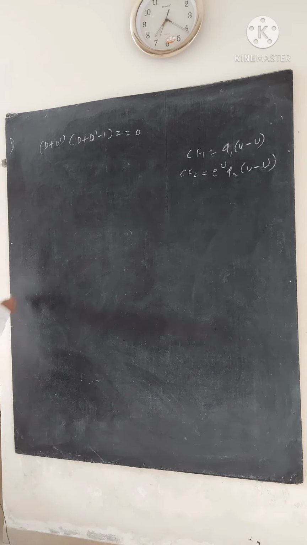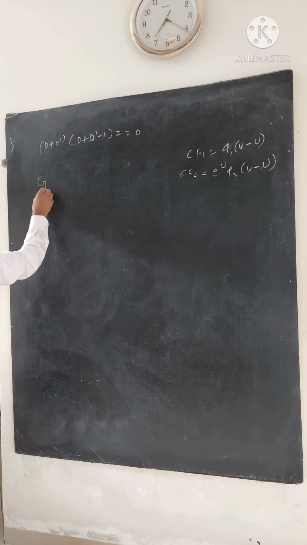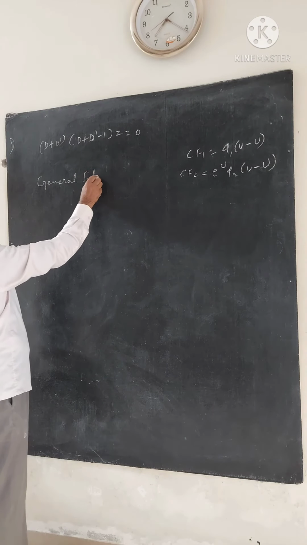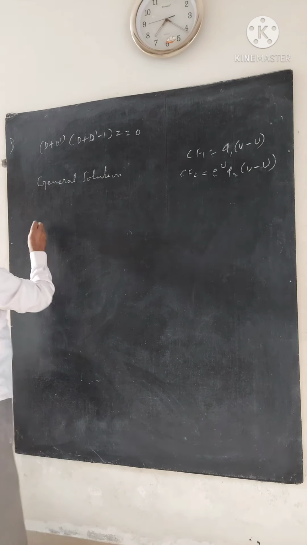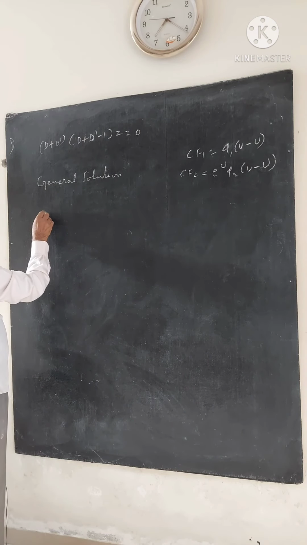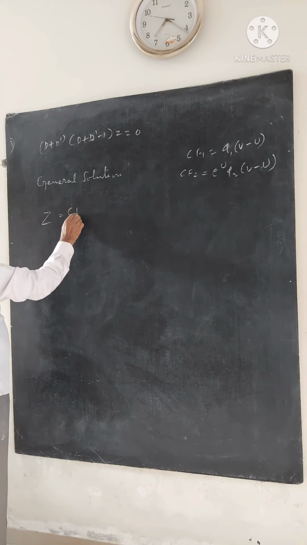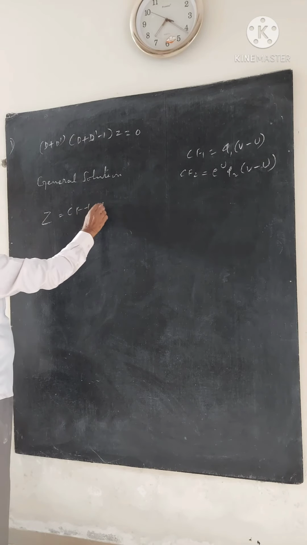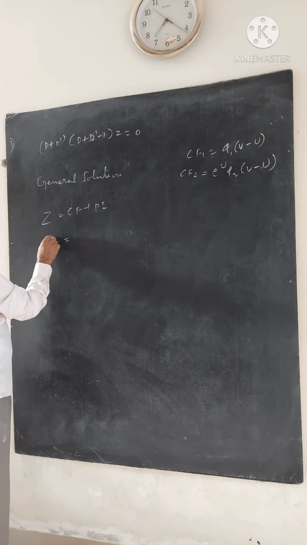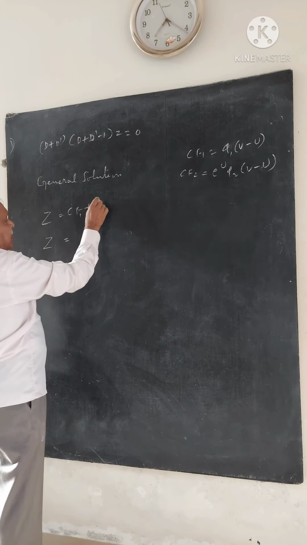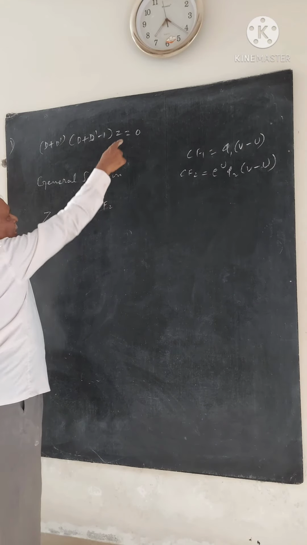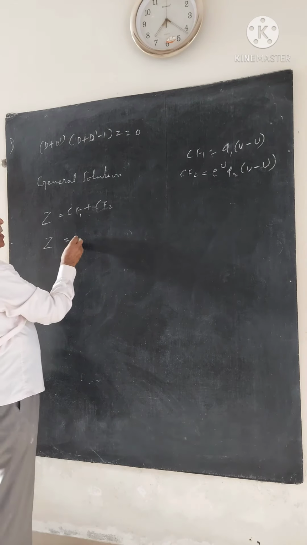Writing the general solution: z equal to CF plus PI. Here z equal to CF1 plus CF2, and there is no PI since there is no function on the right side.